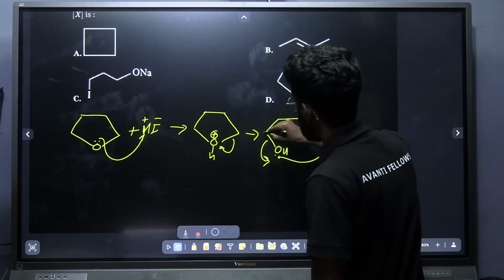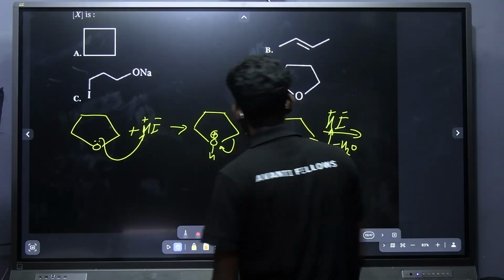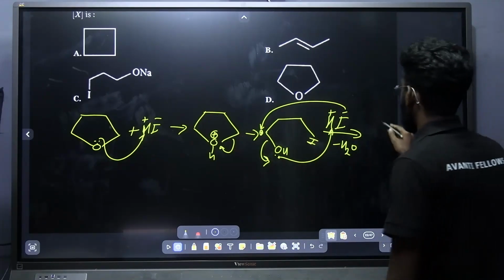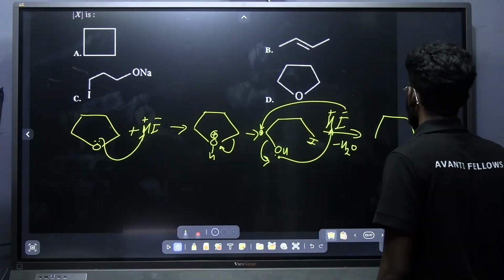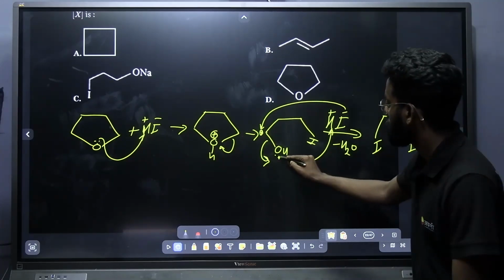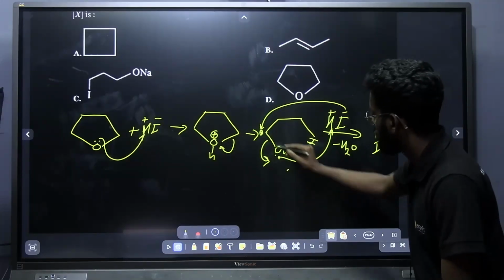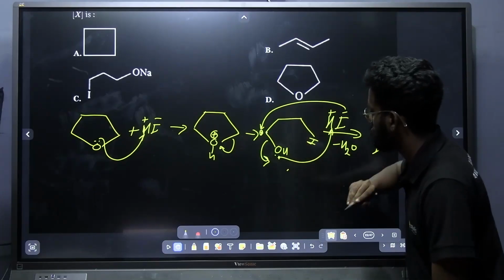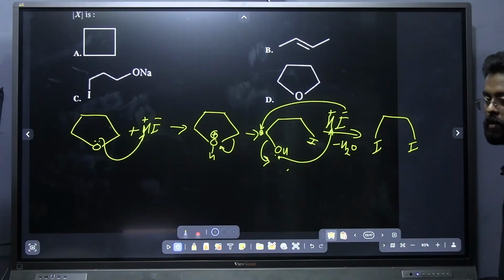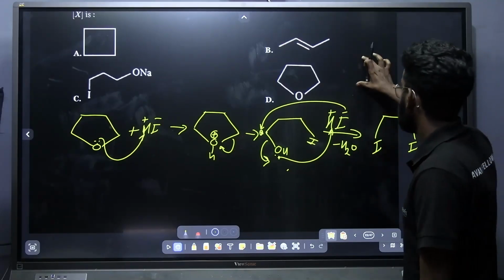And when water is eliminating, this carbon will be getting a positive charge, and that positive charge is attacked by iodine. So finally, what is the product you are getting? Yeah, you will be getting iodine on both sides. Listen carefully. OH will be taking proton, and we will be getting water at this point, and the water will be eliminating. When water is eliminating, this carbon will be getting a positive charge, right? And as the positive charge will be attacked by I minus, you will be getting an alkyl iodide.